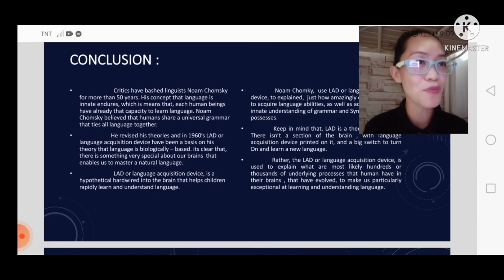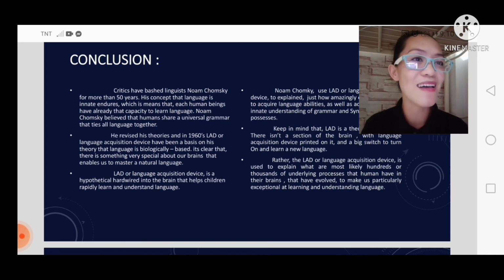As for the conclusion, remember that there have been critics that bash Noam Chomsky's theory. The critics have bashed Noam Chomsky for 50 years, yet his concept that language is innate endures. Each human being already has the capacity to learn language.